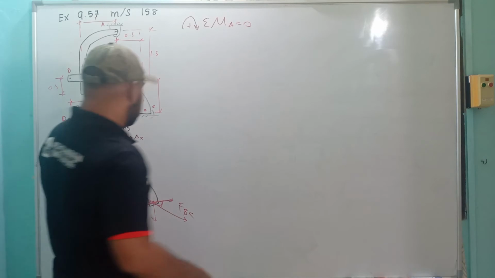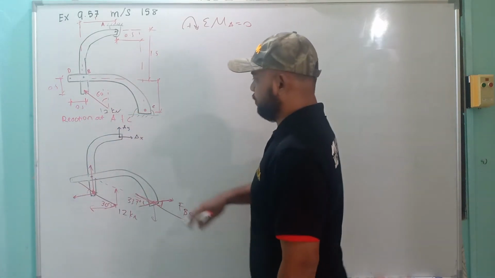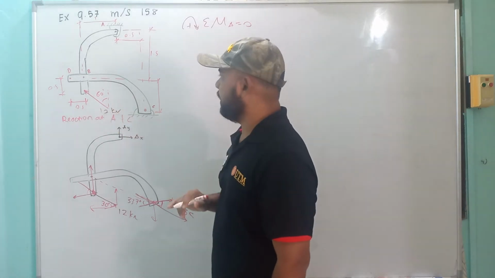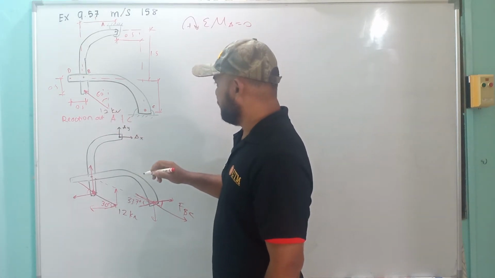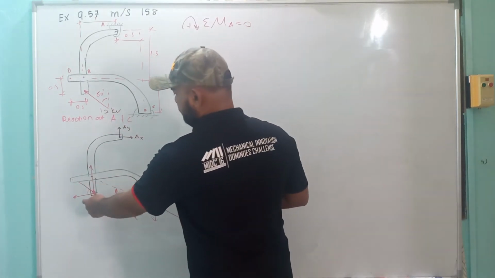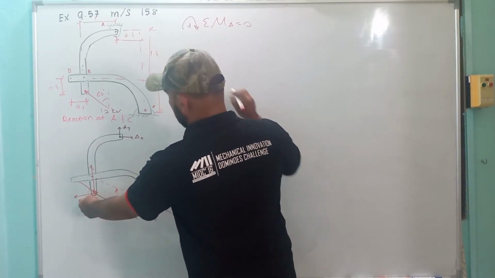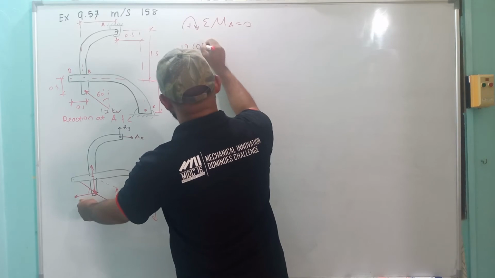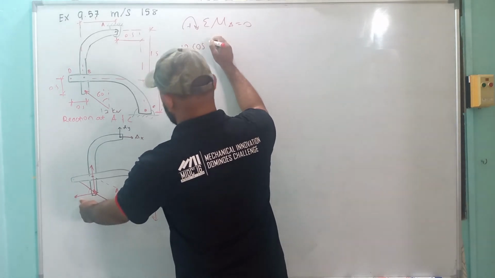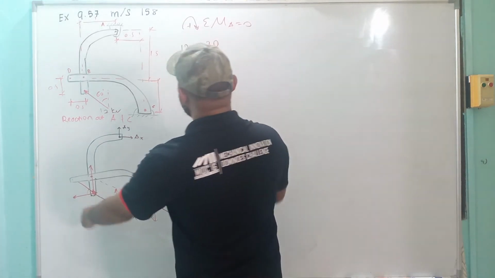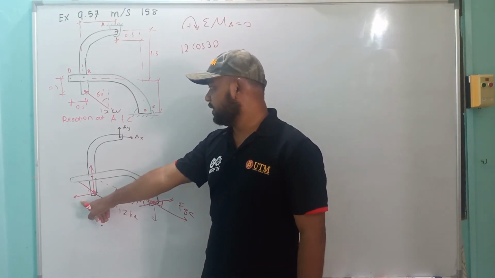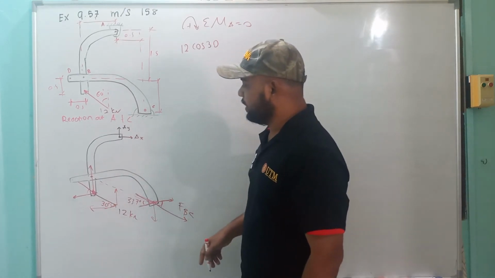So taking the moment at point A, we have two forces, one here, one there. I will start with this one: 12 cos 30. We need to take the distance.